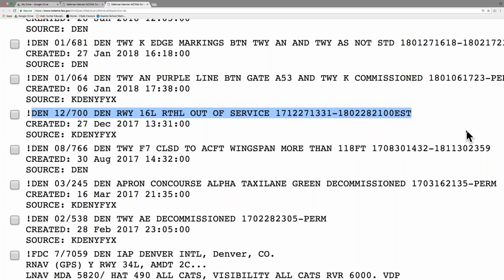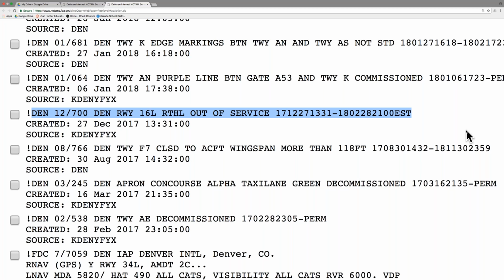The location is at Denver International. 12 is the month, and that's the 700th NOTAM. And then the other DEN is the affected area.